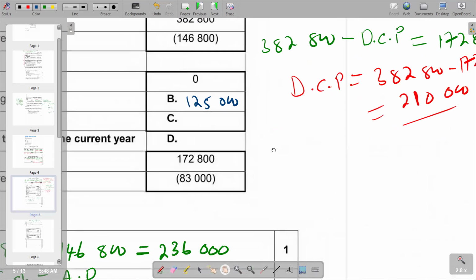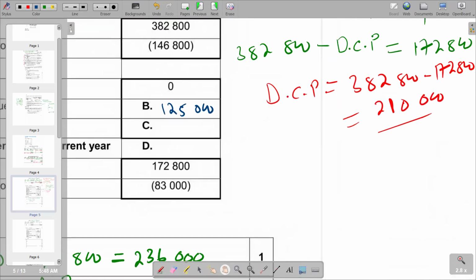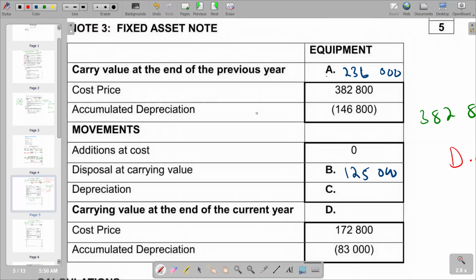Maybe we can try to put it in the form of a T account. It becomes easier. So accumulated depreciation that we have at the beginning, plus depreciation that we are looking for, minus accumulated depreciation for the disposed asset, you get accumulated depreciation at the end.